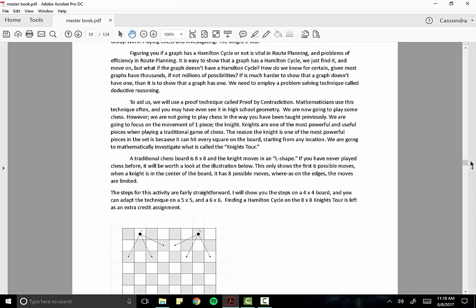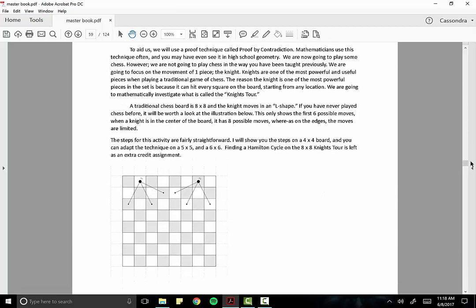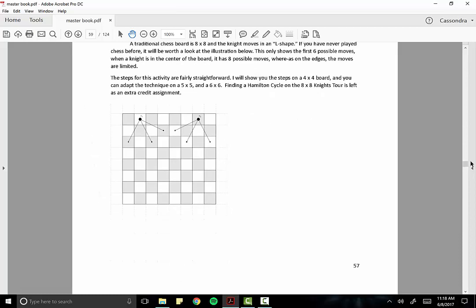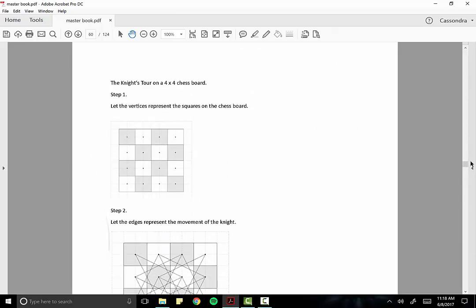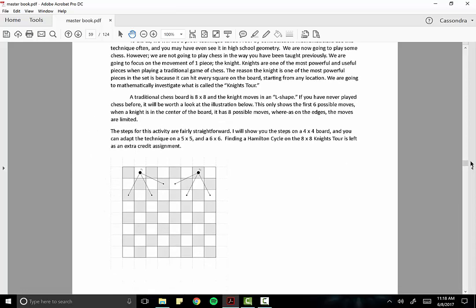I do want you to at least look at it, but I'm not going to spend too much energy on it because I'm going to tell you what I want to get from this activity. So if we were to draw out every single knight's move on a chessboard, if we were only playing chess with 2 knights and drew out every possible move, we would have things that look like this.